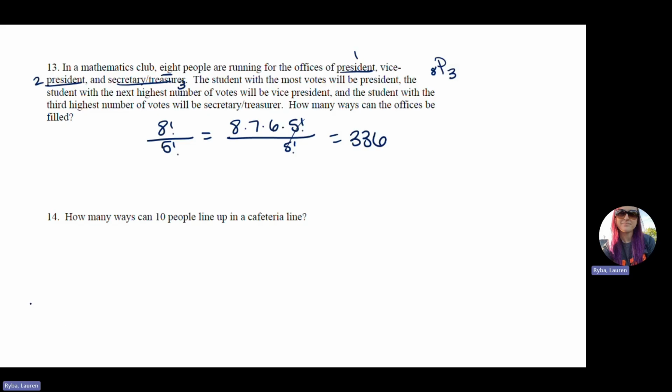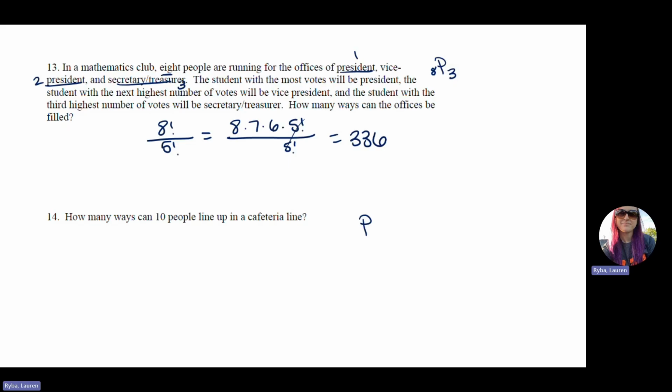Number 14 says, how many ways can 10 people line up in the cafeteria line? Okay, I go to the cafeteria. I don't want there to be a line, right? I want to be the first person in line. So the position that I get matters to me. So that's a permutation. If I am the 10th person in line, I know that I'm going to have to stand there for probably a good 15 minutes.